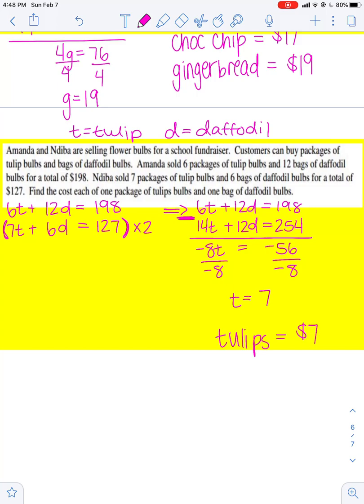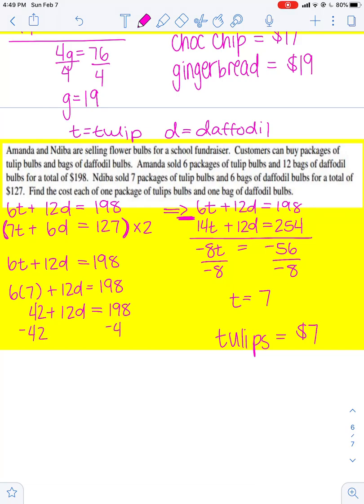So now I'm going to use 6T plus 12D is equal to 198 to solve for how much daffodils cost. So 6 times 7 plus 12D is equal to 198. 42 plus 12D is equal to 198.